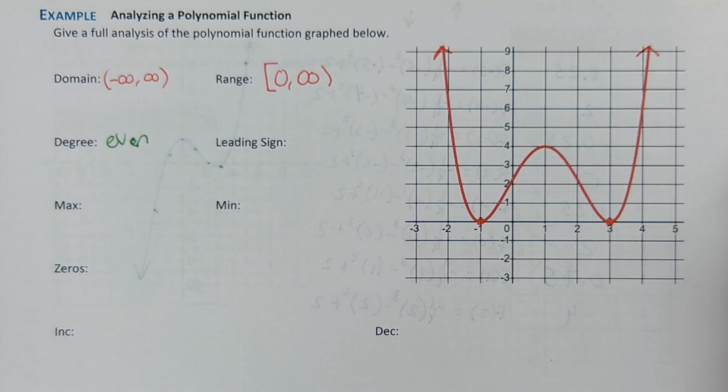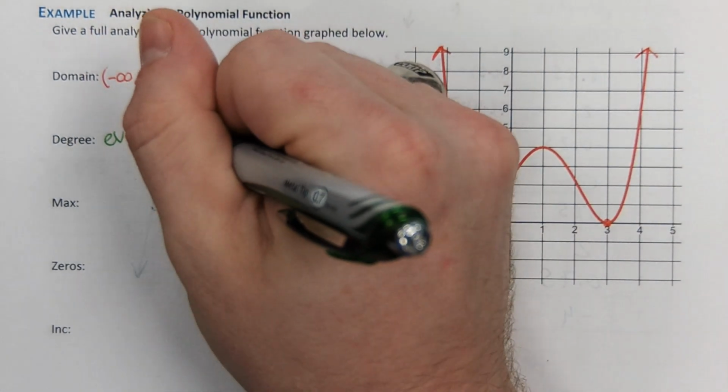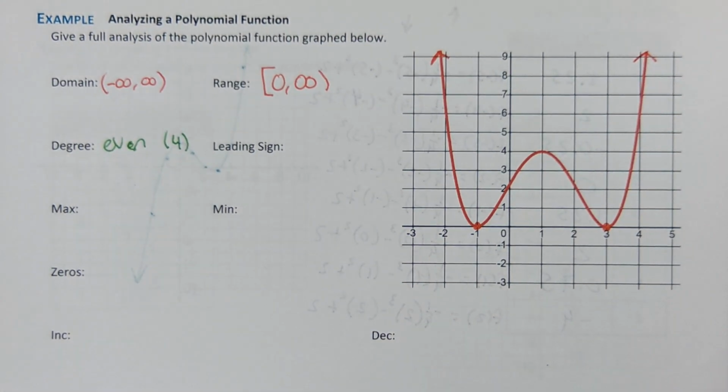If you had to take an educated guess on what the even degree would be, what would you think? It's probably a 4. Could it be other things? Yes. You don't know why yet, but it could also be a 6, 8, 10, 12, 14, 16. But the point is, you know it's at least a 4. Good.